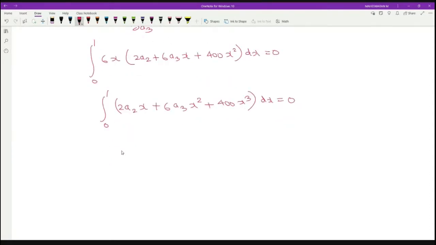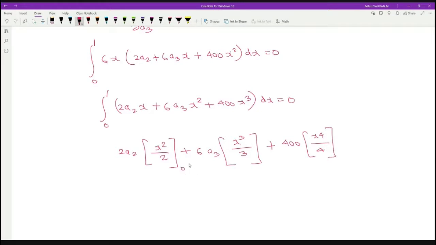Integrate this, I'll get 2a2 into x square by 2 plus 6a3. So when I integrate x square, you'll get x cube by 3 plus 400 x power 4 by 4. Limit is from 0 to 1.